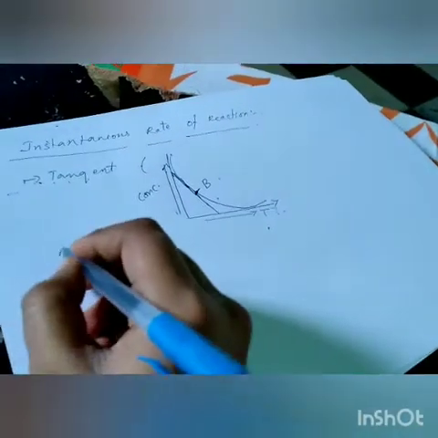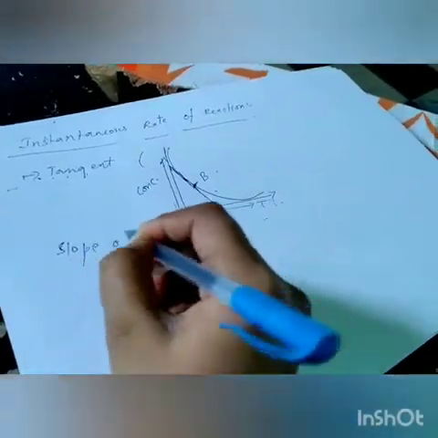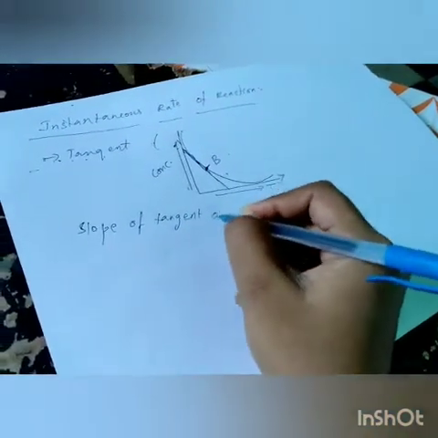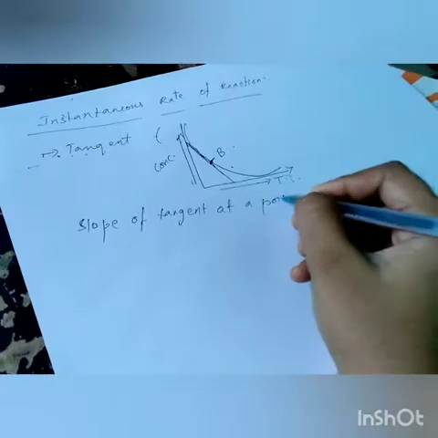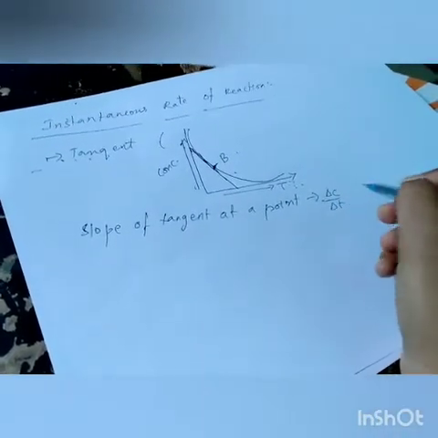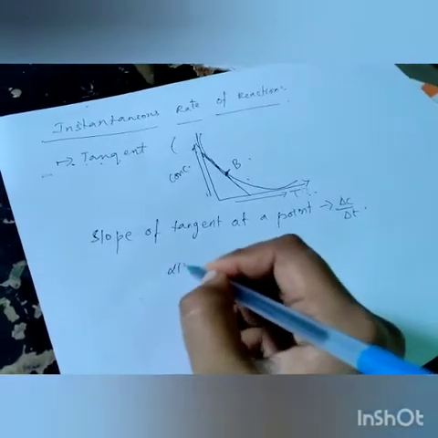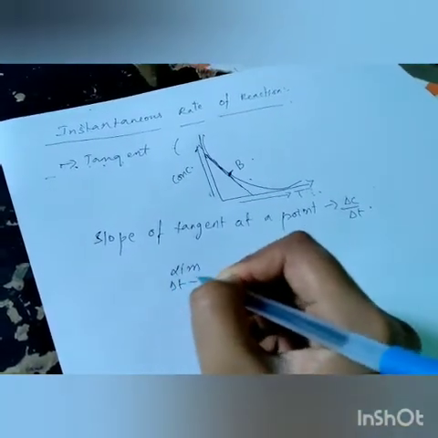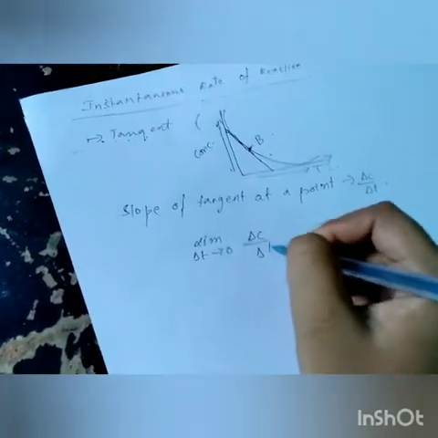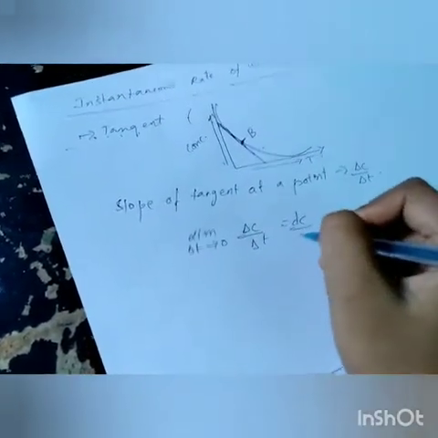Now the slope of the tangent at a point is given as dc by dt, or limit delta t tends to 0, delta c by delta t is equal to dc by dt.